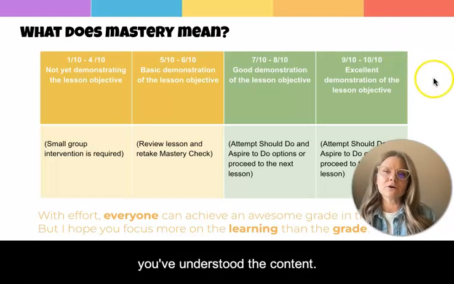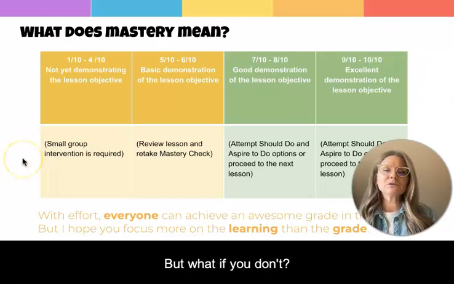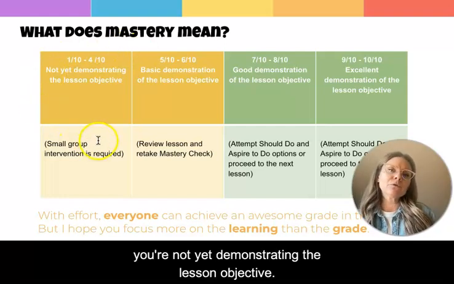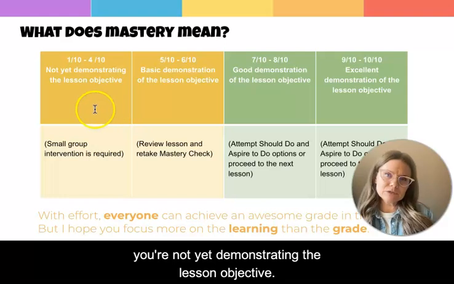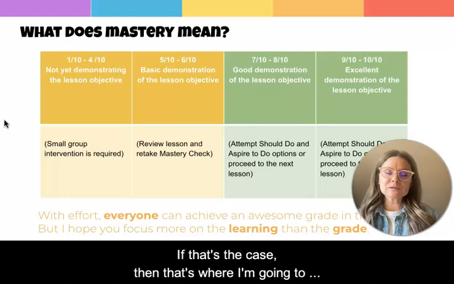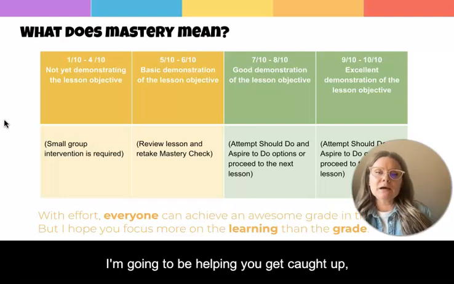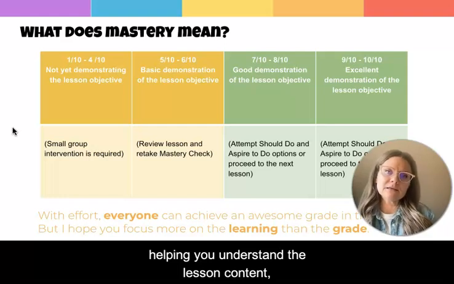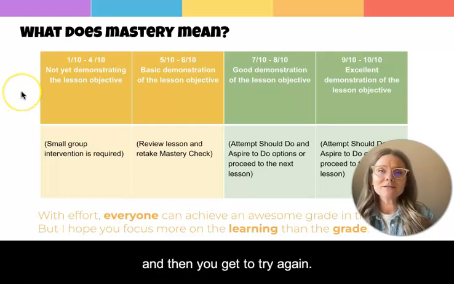You've understood the content. But what if you don't? Let's look at if you're getting 1 to 4 out of 10. You're not yet demonstrating the lesson objective. If that's the case, then that's where I'm going to be supporting you. I'm going to be helping you get caught up, helping you understand the lesson content. And then you get to try again.